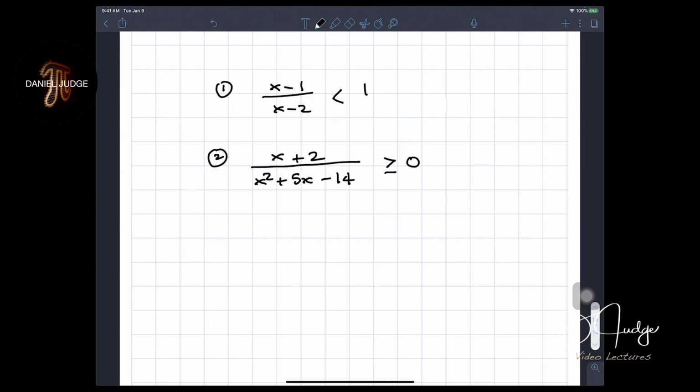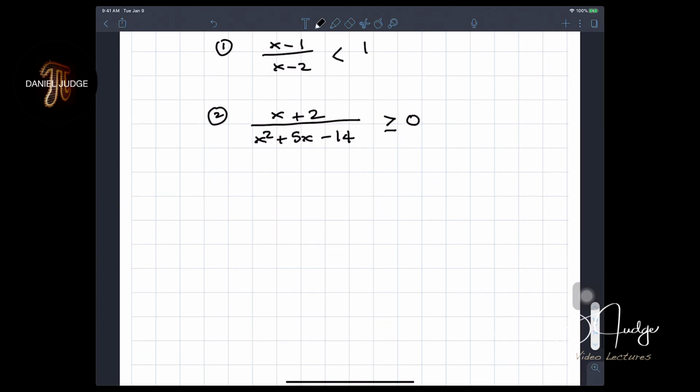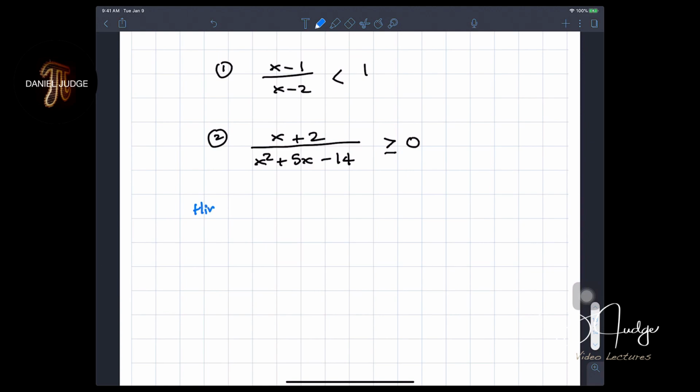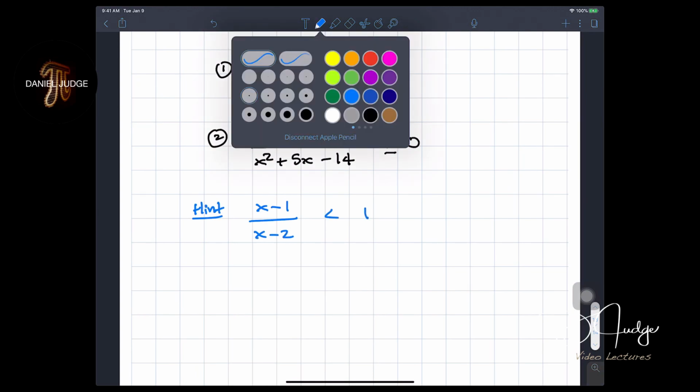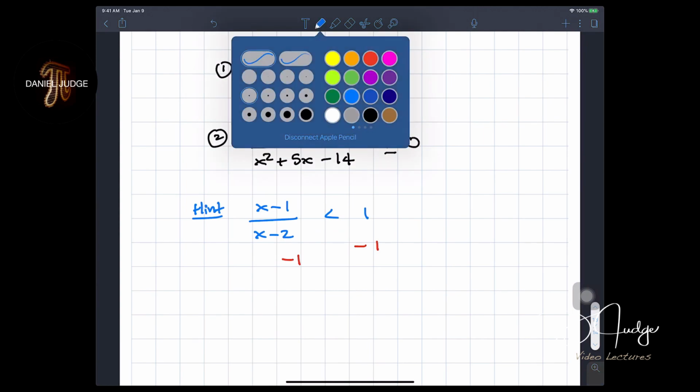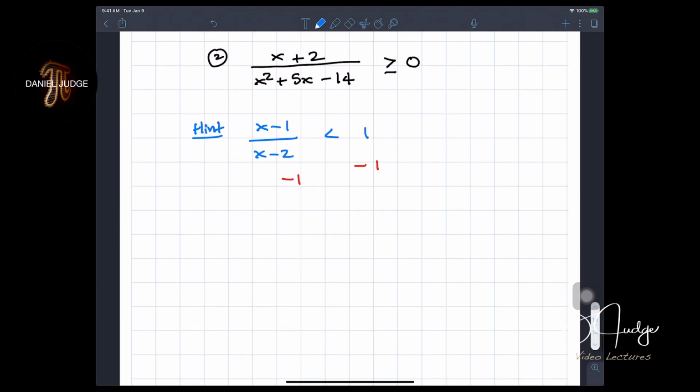And I'm going to give you a hint on number 1 here. With x minus 1 over x minus 2 being less than 1, we have to have the right side be 0, because we're trying to find whether the fraction's positive or negative, and that definition is only in terms of 0. So you're going to have x minus 1 over x minus 2 minus 1, now less than 0.